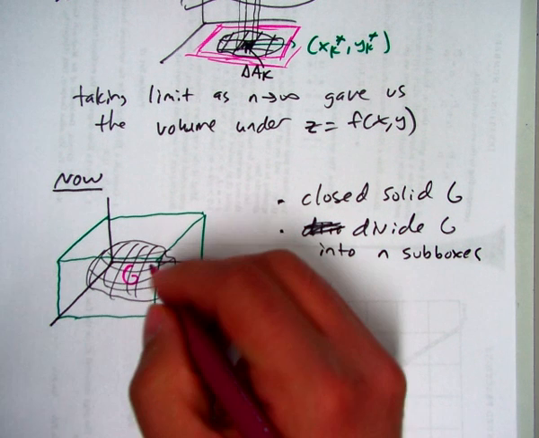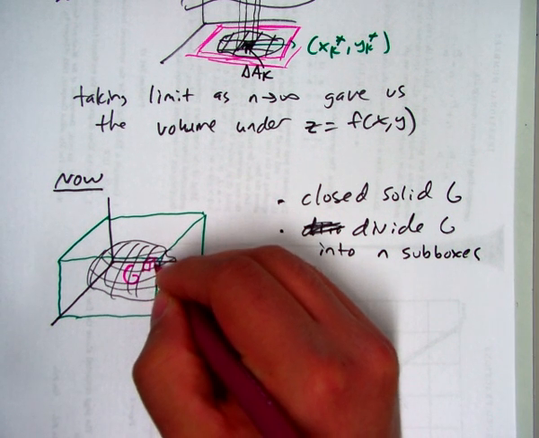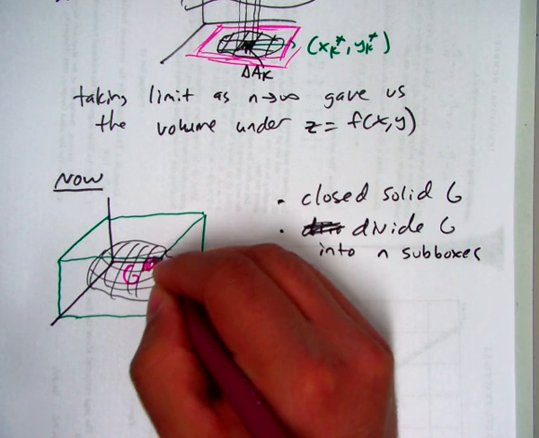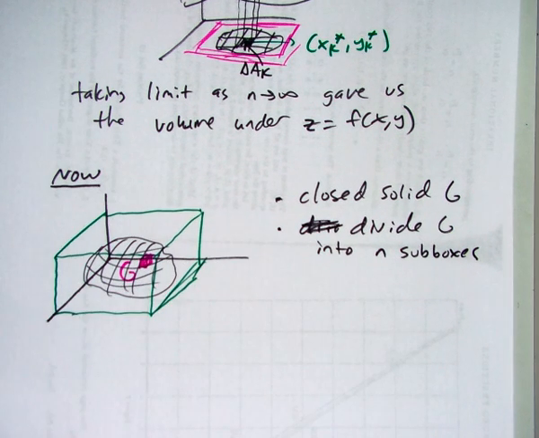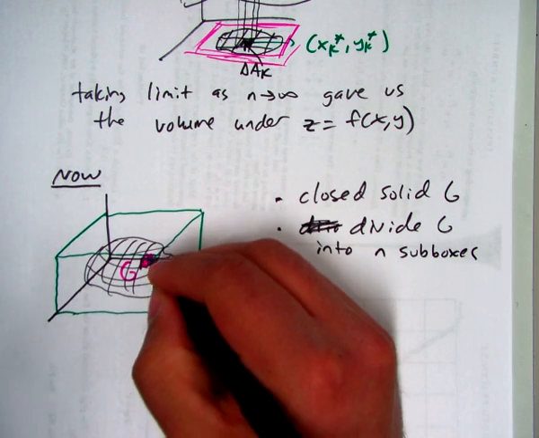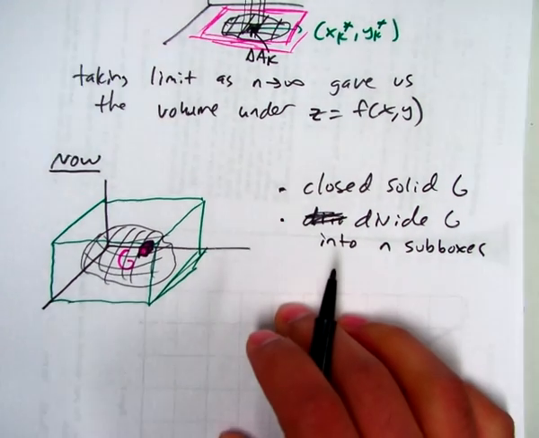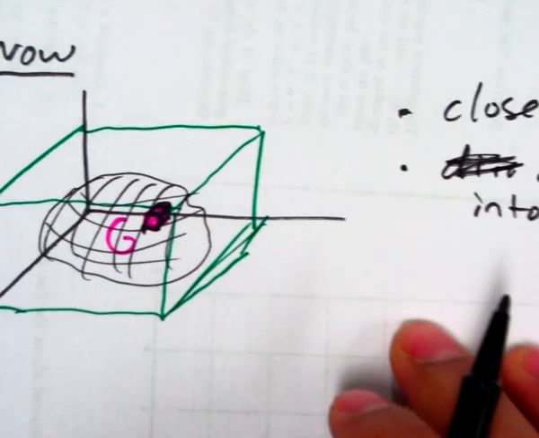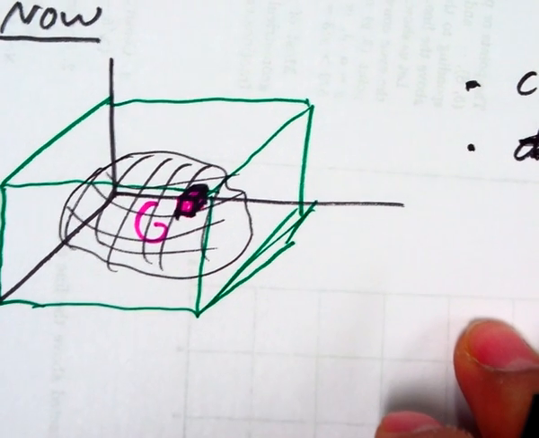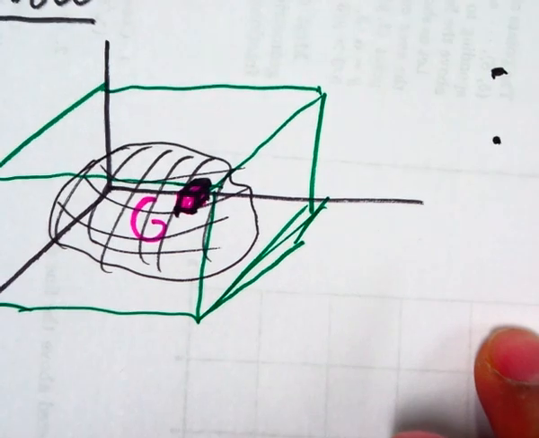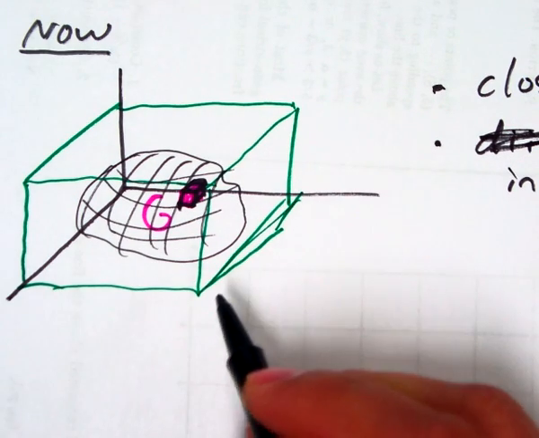So within the solid, there's going to be a little box. It looks kind of silly, but I'll zoom in. Now it looks more like a little box in there. Okay. And we're going to have n of those.